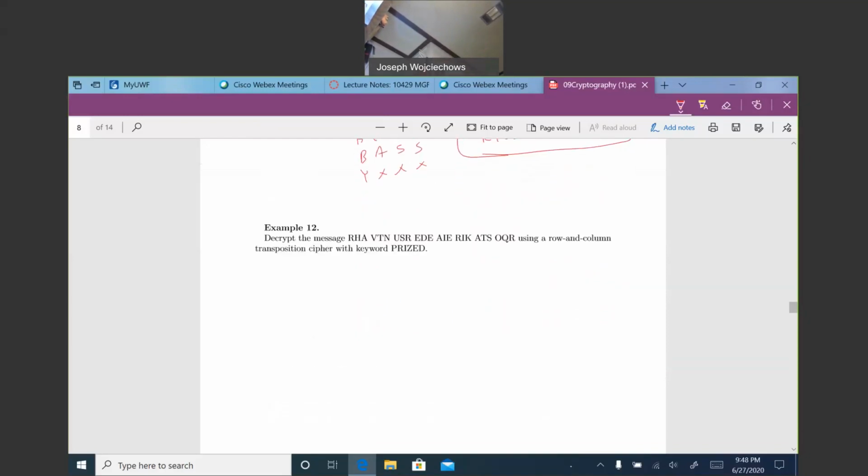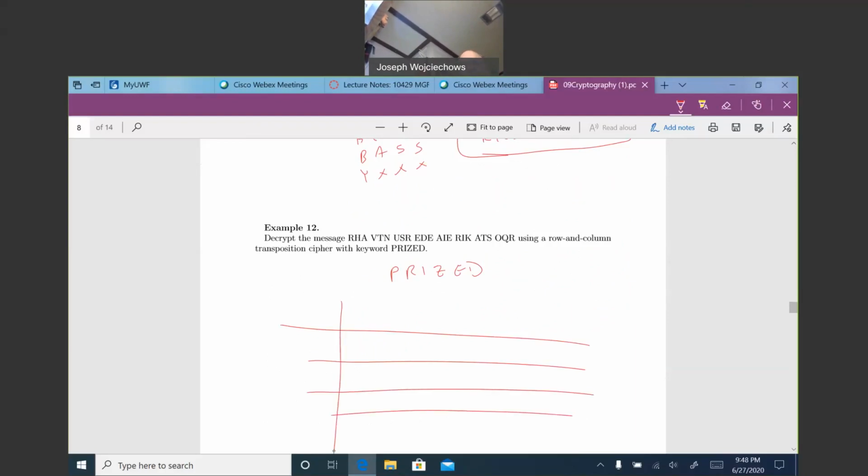Okay, now this one's going to get more difficult. So we're looking at our cipher, and we've got the word prize for our code. So the way to look at this is to set up something like this.